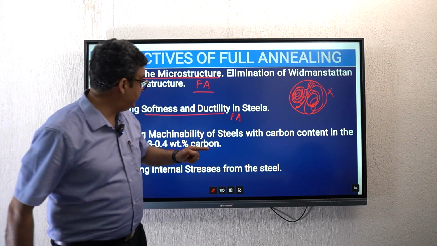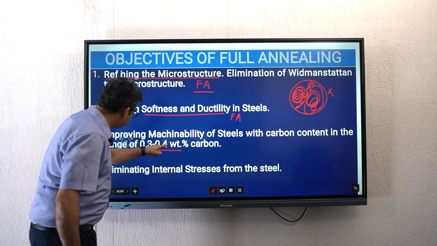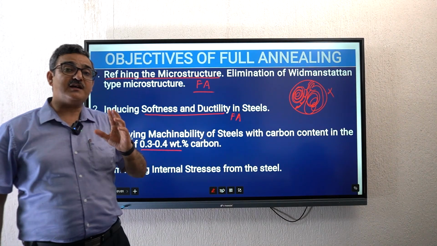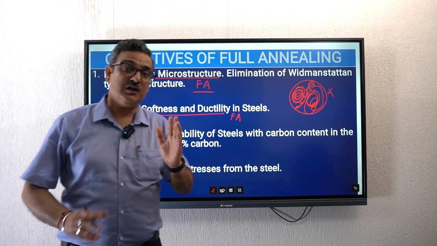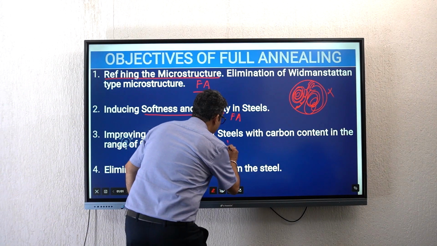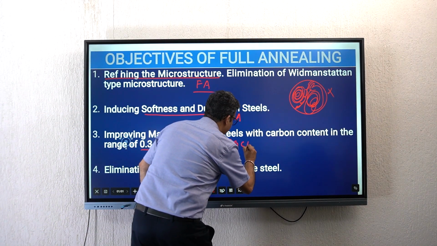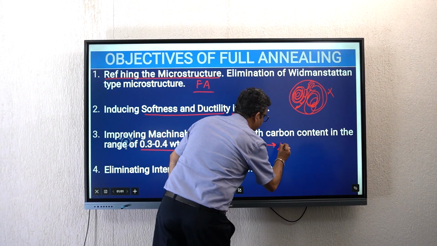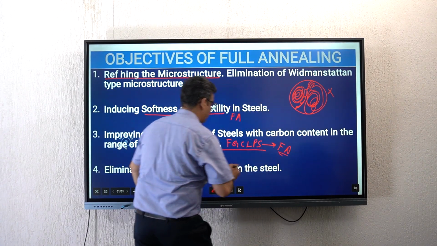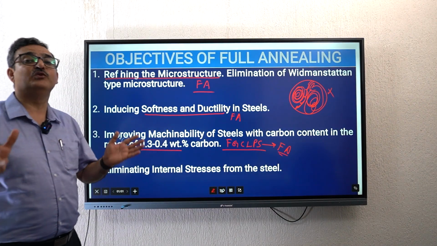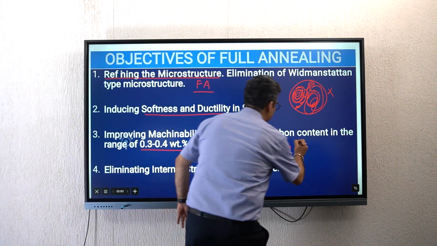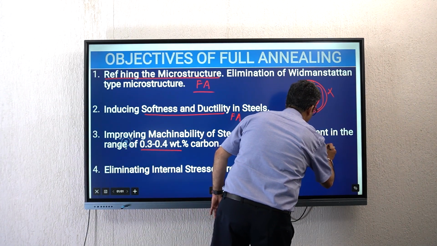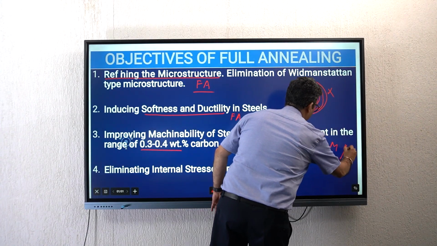So if these steels, these medium carbon steels, have to be made excellent in machinability, fine grained coarse lamellar perlitic structure आपको इनके अंदर लाना पड़ेगा. कौन लाता है वो? फुल अनीलिंग. तो जब आप वो स्ट्रक्चर इनके अंदर ले आओगे, जब इनको फुल अनीलिंग दे दोगे, इनमें सॉफ्टनेस और डक्टिलिटी का ऐसा बढ़िया कॉम्बिनेशन आ जाएगा कि इनकी मशीनेबिलिटी would become excellent.